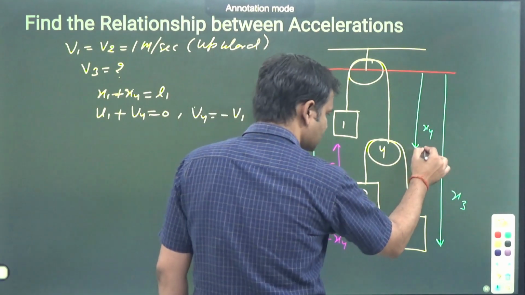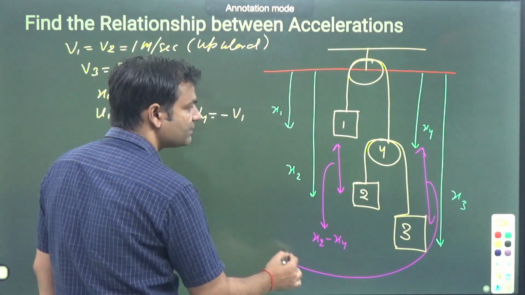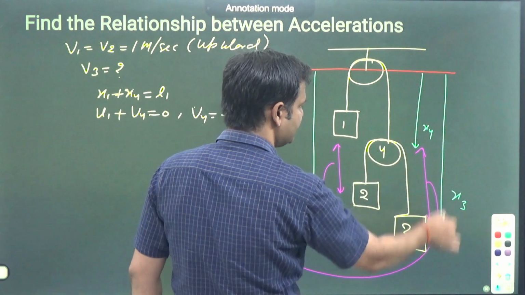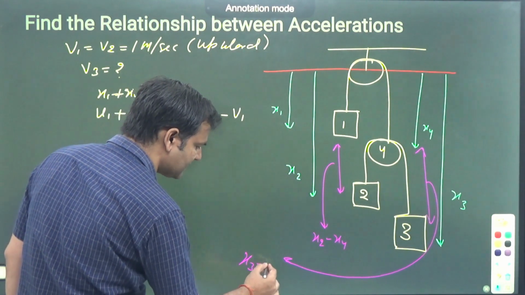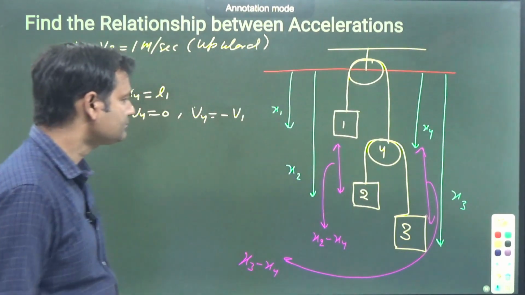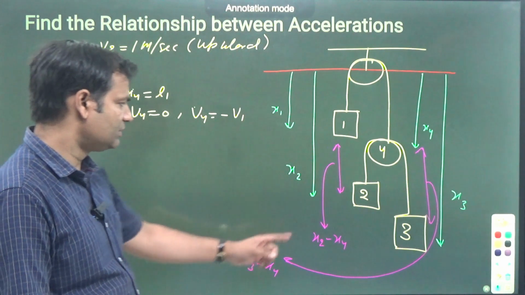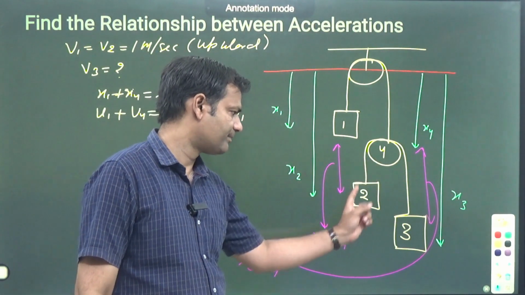And what about this distance? This one is x3 minus x4. Clear or not? So what about the length of this string?